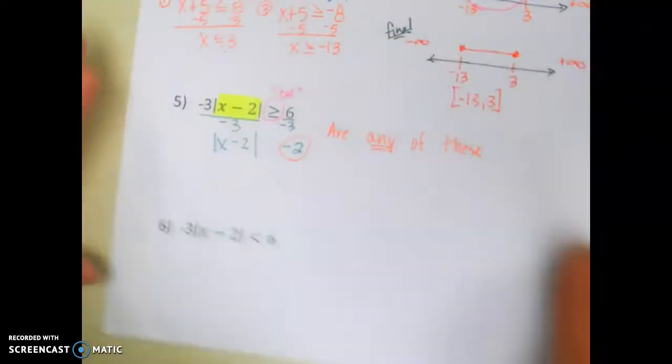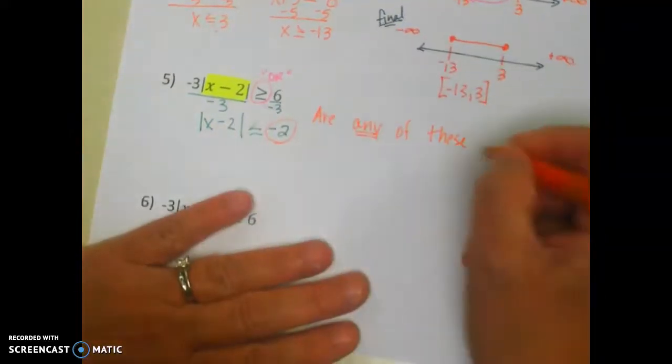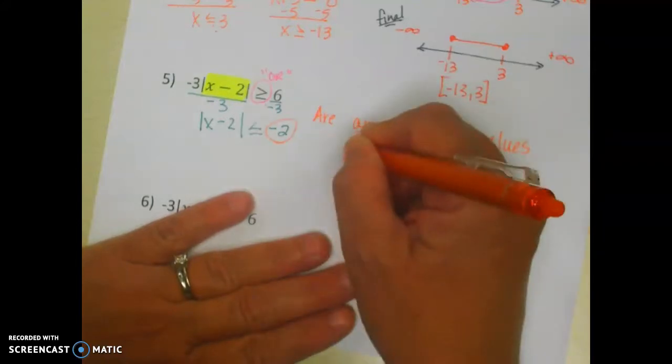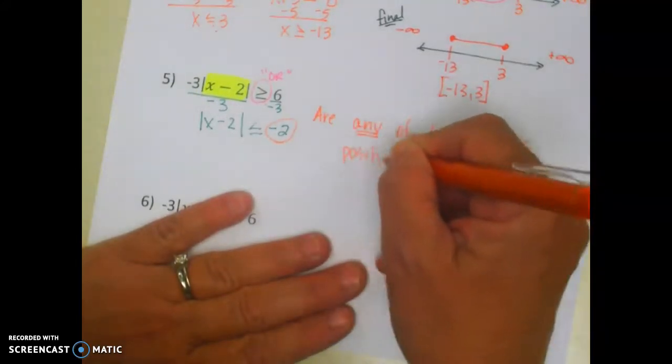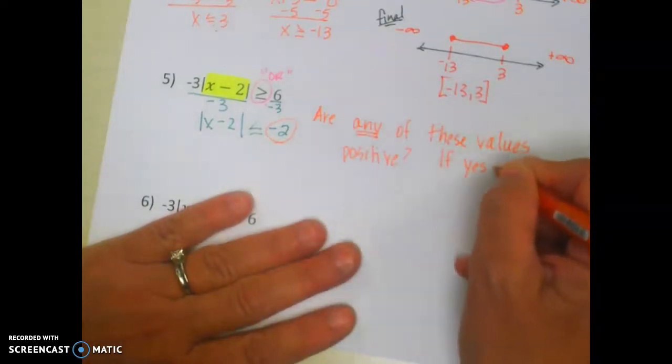Okay, I hope you guys caught it. When I divided by negative 3, I should have flipped the sign. I didn't do that. And are any of these values positive? If yes, then you solve it.